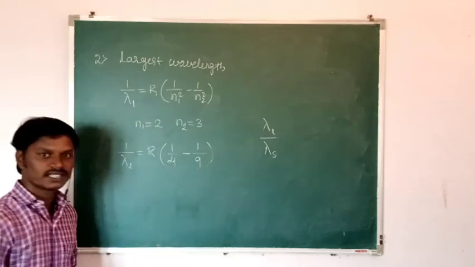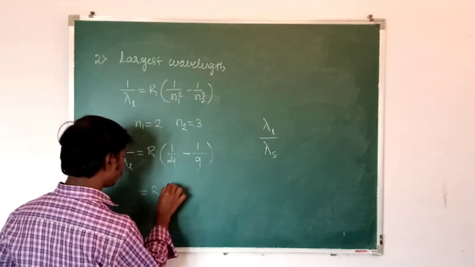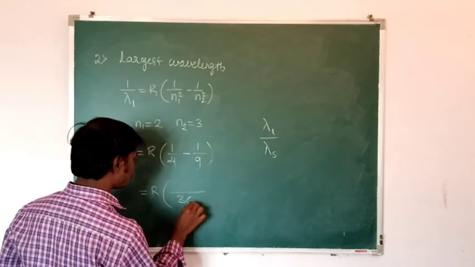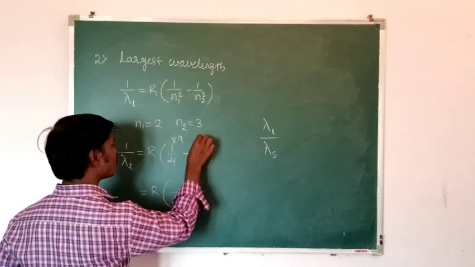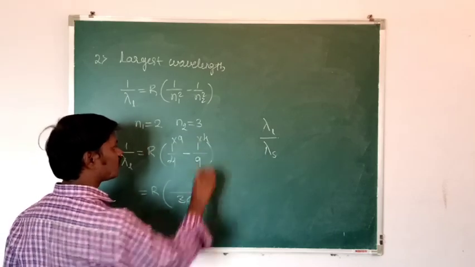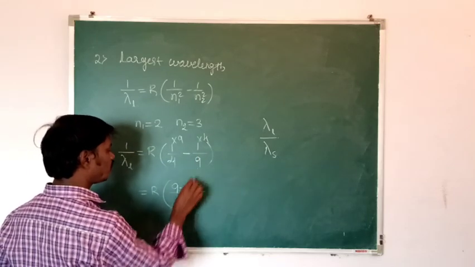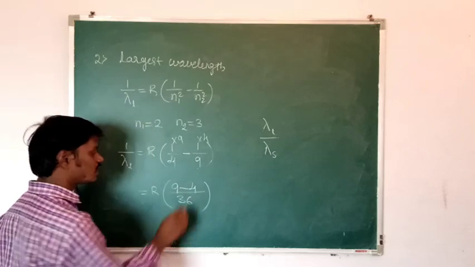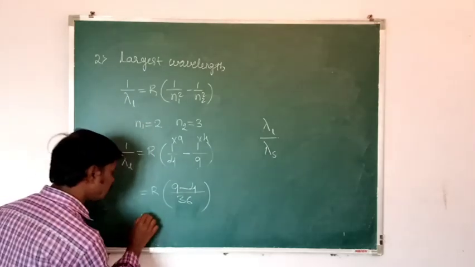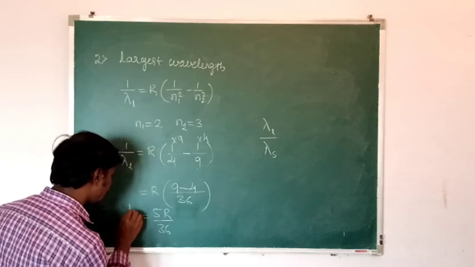LCM is 36, because 4 9s are 36 and 9 4s are 36. Then 9 into 1, that is 9, minus 4 into 1, that is 4. Then 9 minus 4, that is 5. Then it is 5 into R divided by 36, that is 1 by lambda L.